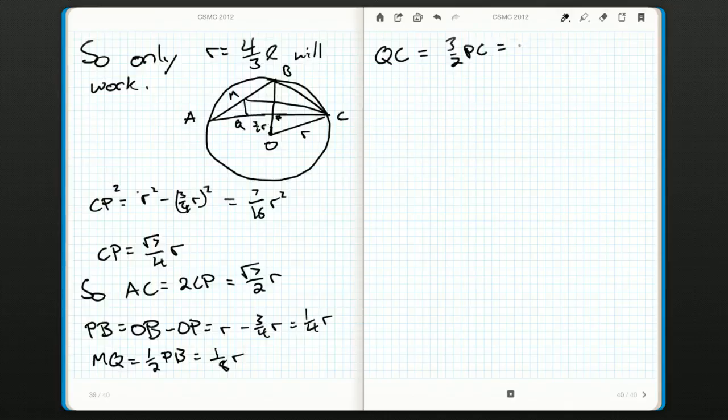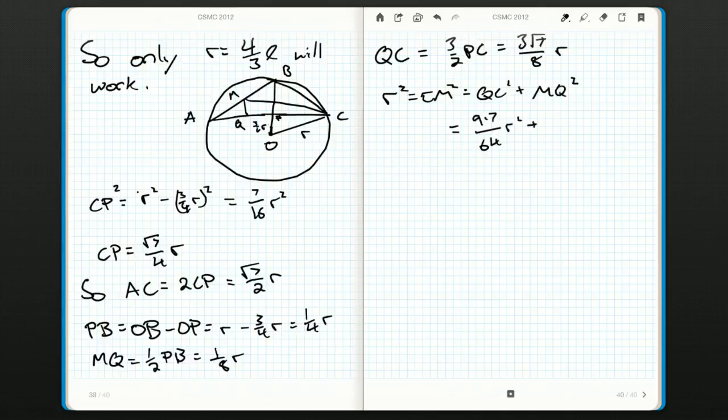And PC was root 7 over 4 R, so that's 3 root 7 over 8 R. And maybe if we can use these two, we know that CM is R. So R squared is CM squared, which is equal to QC squared plus MQ squared. So that's going to be 9 times 7 over 64 R squared plus 1 over 64 R squared. That's no help there, that's okay.